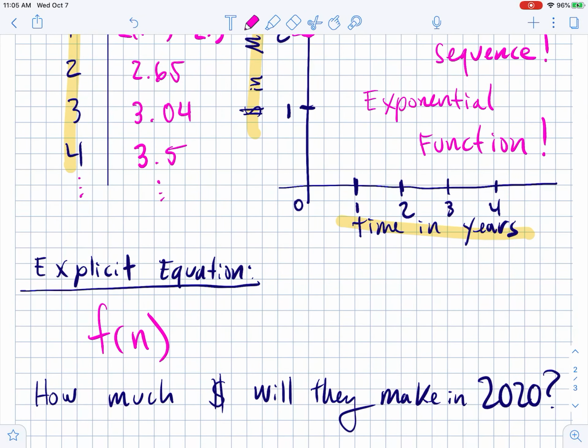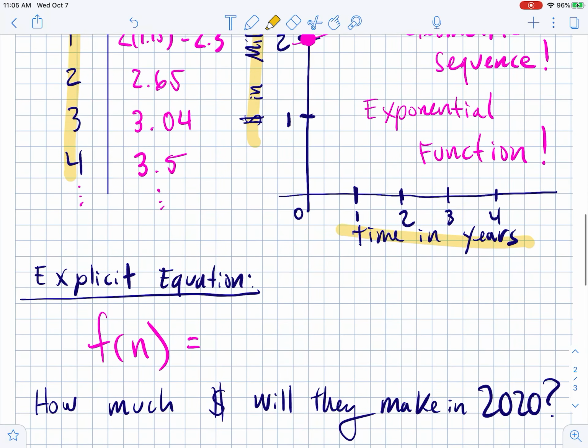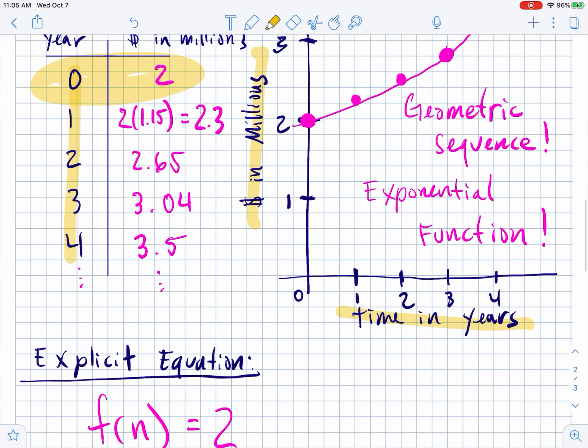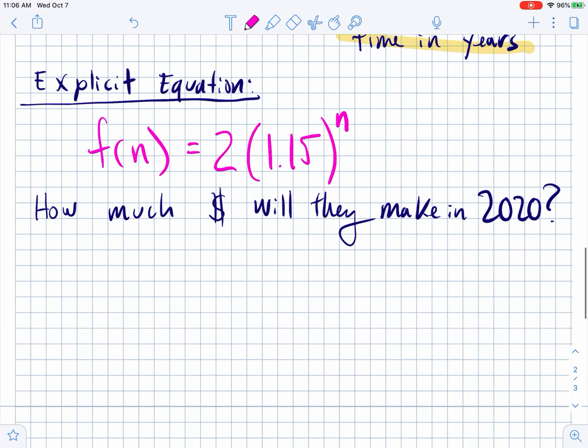The explicit equation: well, you start with day 0. So day 0 from the graph is that they start with 2 mil. So that's 2 million. And then the common ratio is this guy, the 1.15. It's going up by 15% every year. So this is times 1.15 to the power of n.